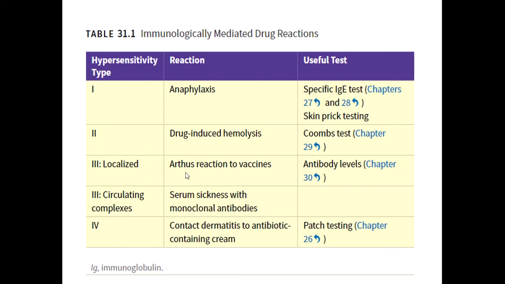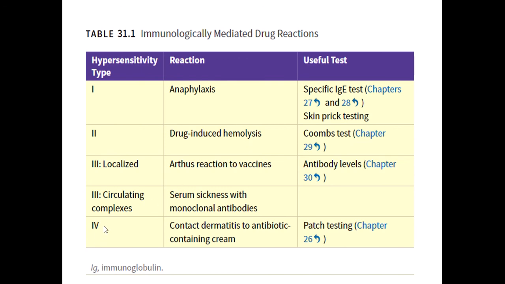And then in the immune complexes, either the localized or the systemic. The localized, the Arthus reaction, and here we measure the antibody level. While, for example, the serum sickness, here the circulating complexes, serum sickness with monoclonal antibody levels.